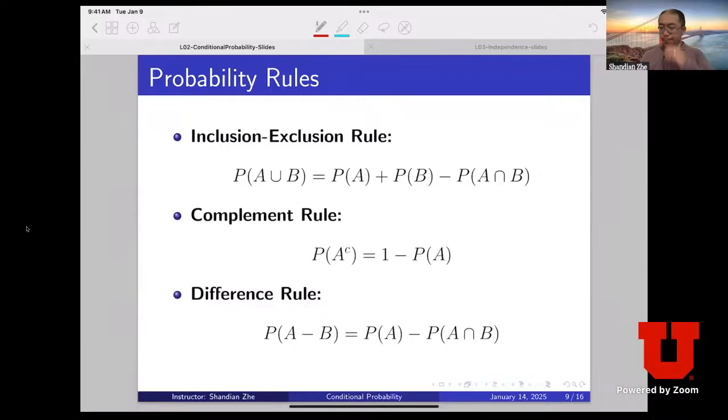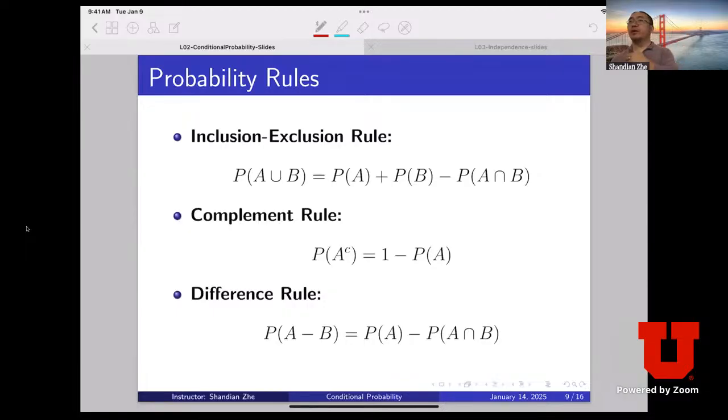So, let us continue with the probability. A quick review. In the last lecture, we talked about the definition of probability and the conditional probability, right? And we know the probability essentially is a function, which maps events to a number between 0 and 1.